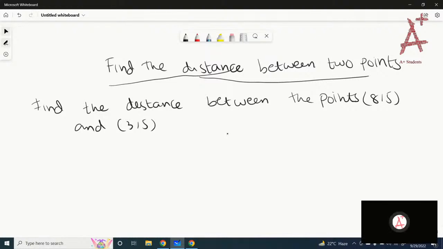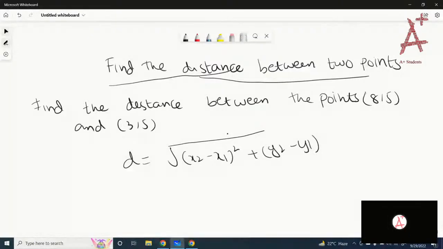Let me write down the distance formula so that you can note it down in your notebook. So the distance formula is d equals square root of x2 minus x1 whole square plus y2 minus y1 whole square. Got it?